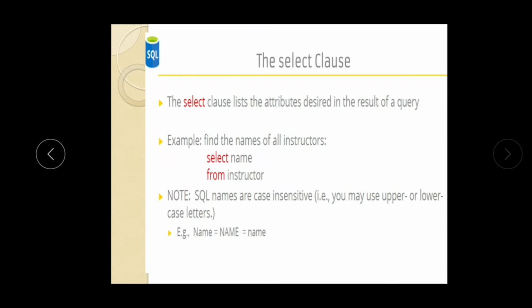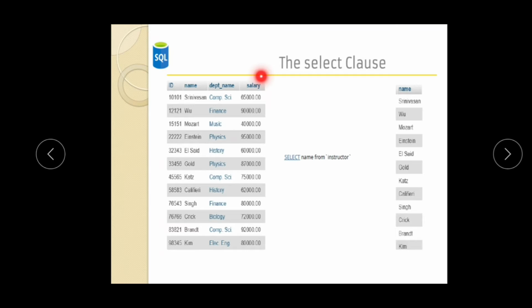So this is the table instructor. The instructor table has ID, name, department name, and salary. Clear? We are retrieving the name of the instructor, so we write the query select name from instructor.